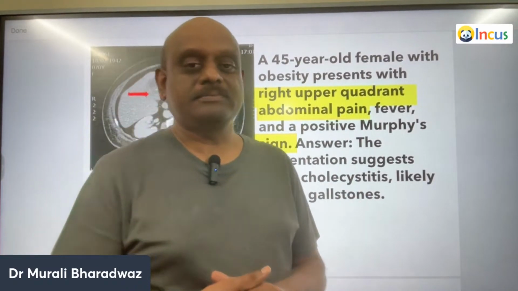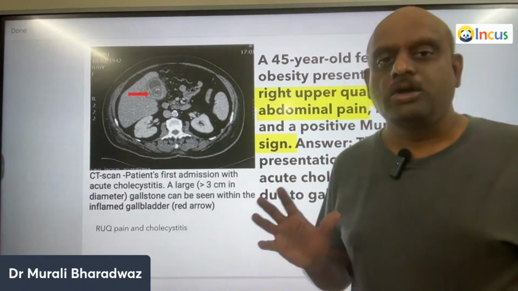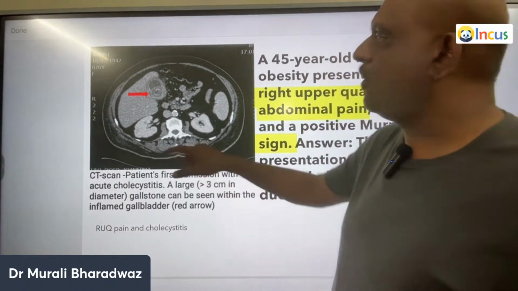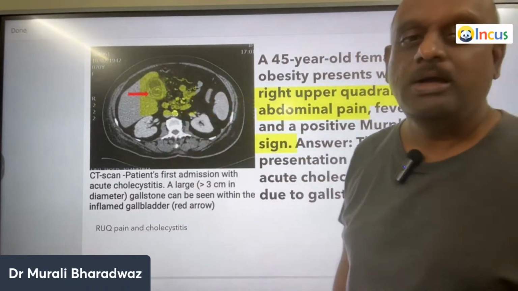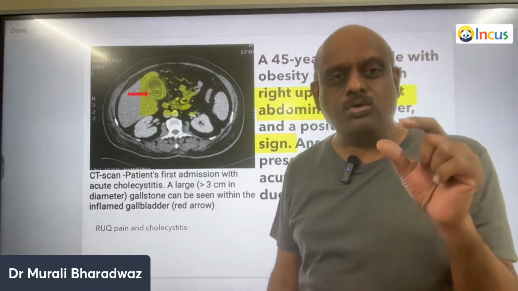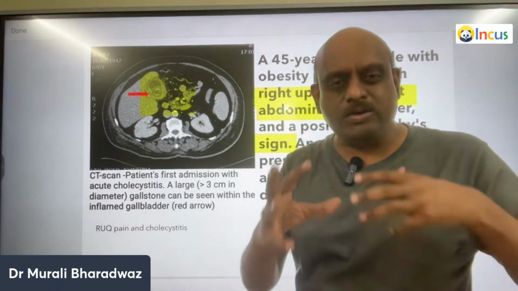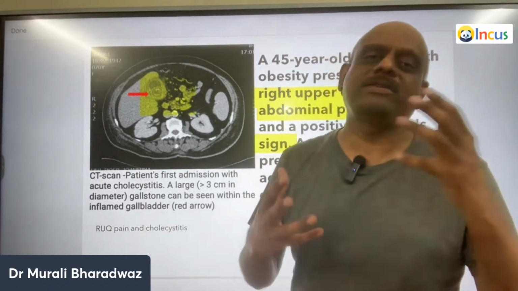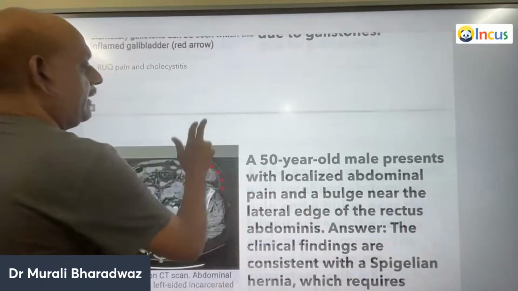That's called Murphy's sign. It is a feature of acute cholecystitis where the gallbladder gets inflamed. Commonly, it is a gallstone which is obstructing, leading to the wall of the gallbladder getting inflamed, in the case of acute cholecystitis, is what you need to remember.